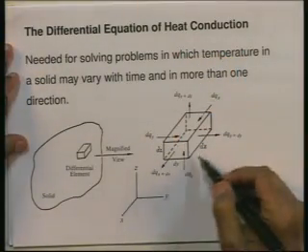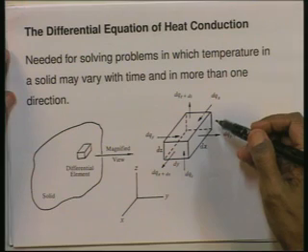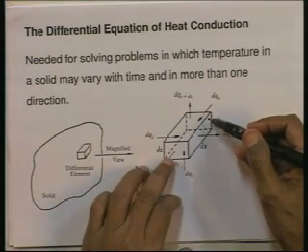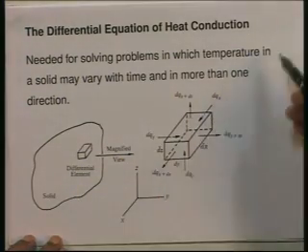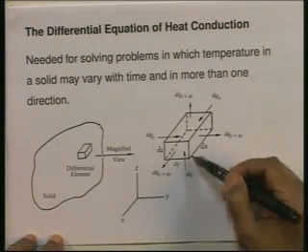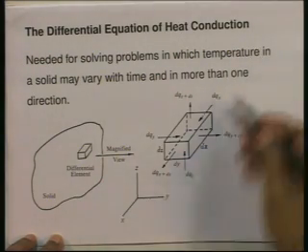And now, let us look at the element again, this element dx, dy, dz. Let us look at the two x faces, that is faces whose normals are in the x direction, that is this direction. There is one face at the back here and one in the front here. Let us take this as our positive direction.